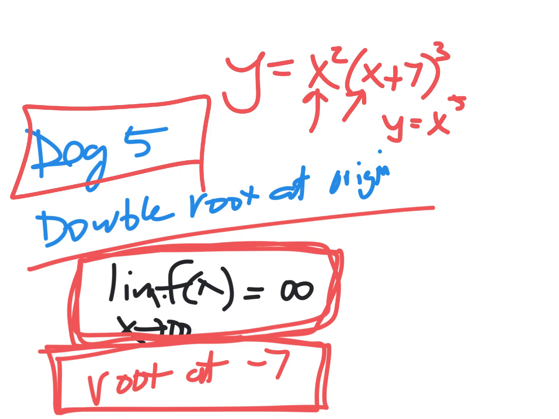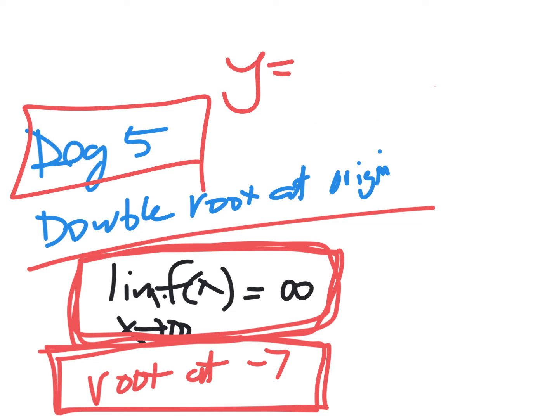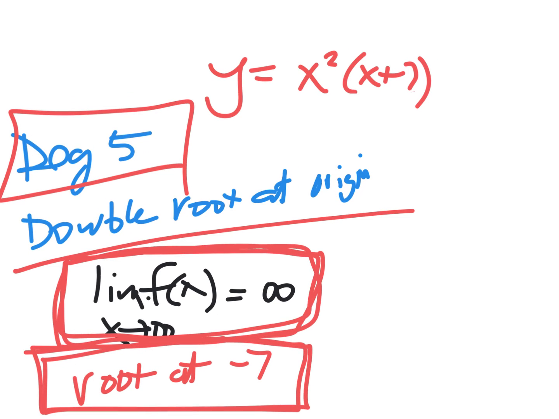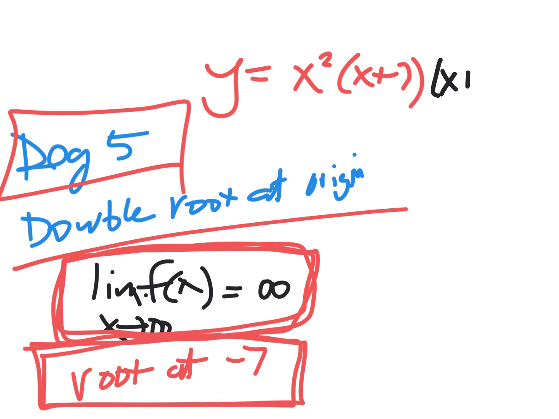Mira. I'm ready. What I did was x squared times x plus 7, and that's got a root at negative 7 and a degree of 3. Then multiplied by x plus 3.